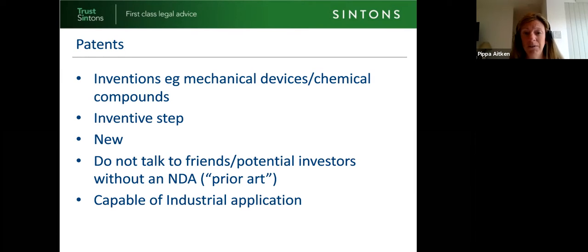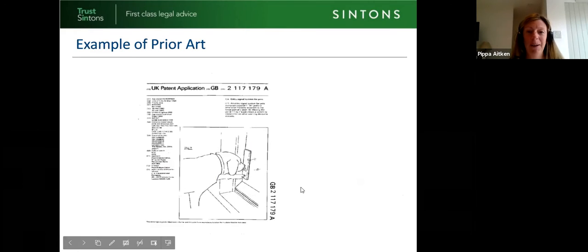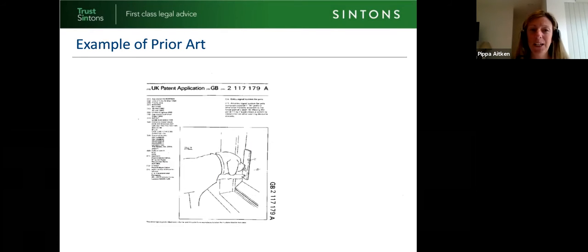Otherwise, if you disclose your patent out into the public, it becomes part of what's called the prior art, which might scupper your patent application. It's also got to be capable of industrial application, which really just means anything that can be used in any kind of industry.